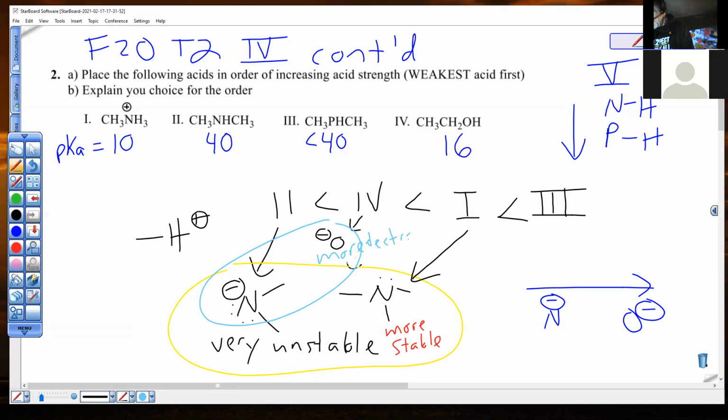I guess that E is being used twice. More electronegative. Let's try it one more time. E L E C T R O N E G. And I won't write the G.